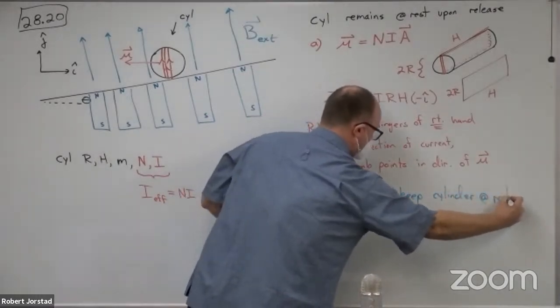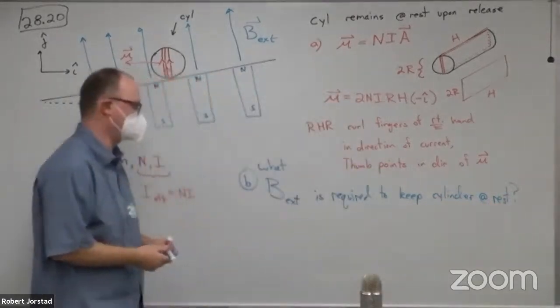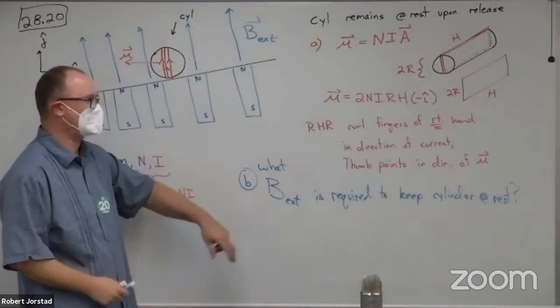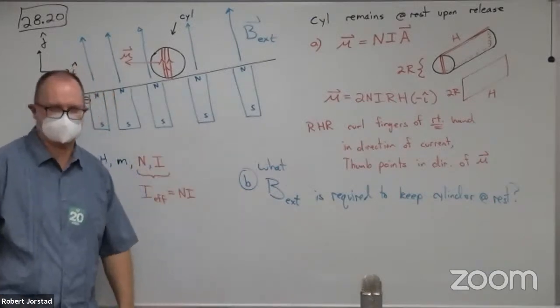That's what it's asking in a fancy way, right? What B external, that's the magnetic field magnitude, is required to keep the cylinder at rest.